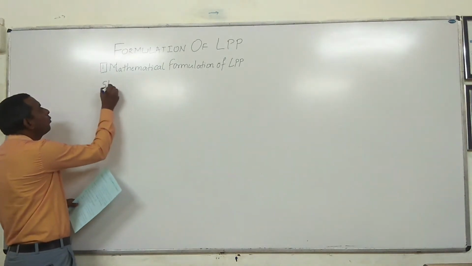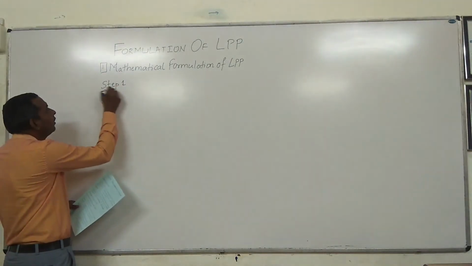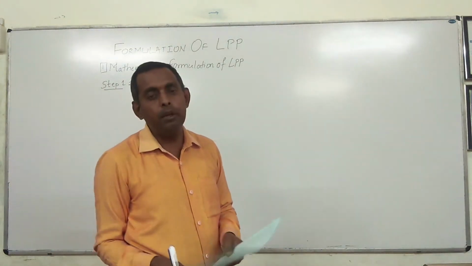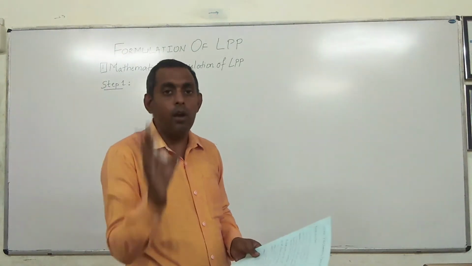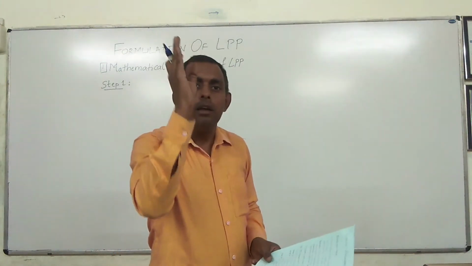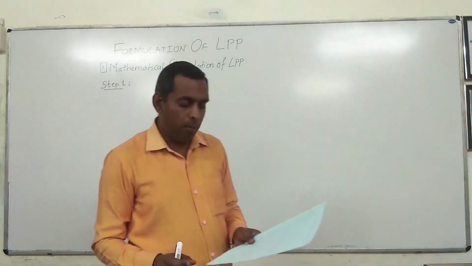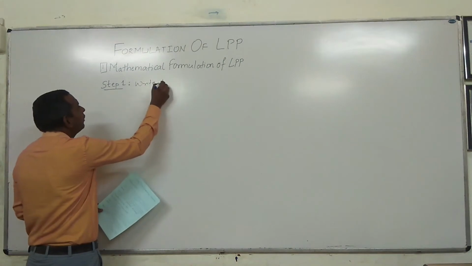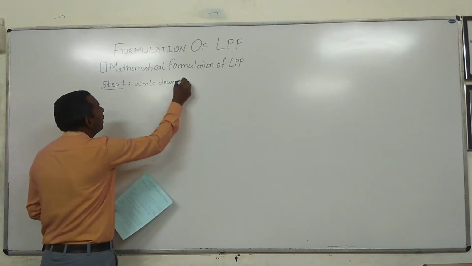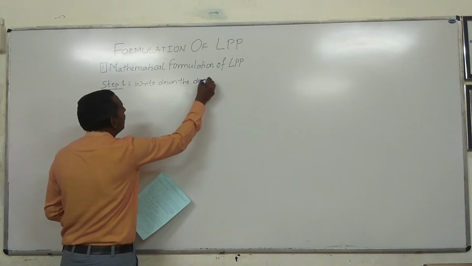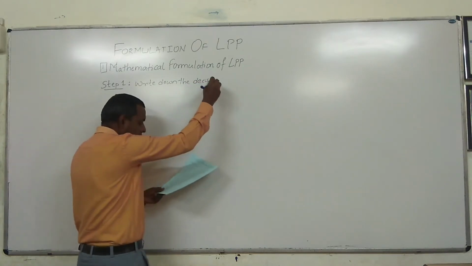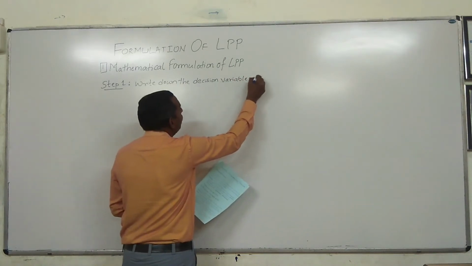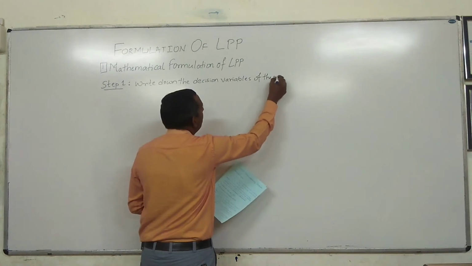Step number 1 is to write down the decision variables of the problem. First of all we are supposed to write down the decision variables of the problem.